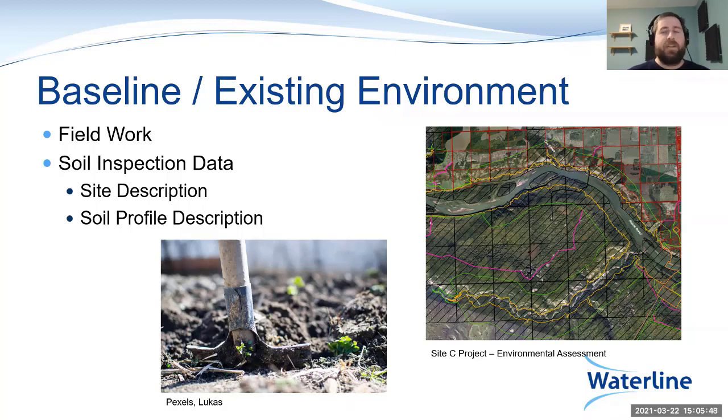So at each one of those inspections, you then prepare a site description, a soil profile description. And this is for your soil and terrain and geomorphology surveys. So the soil inspection data, for the site description, you're looking at things like the terrain attributes, slope, gradients, aspect, the surface expression, the landform types, some evidence of the depositional or erosional environment you're in.